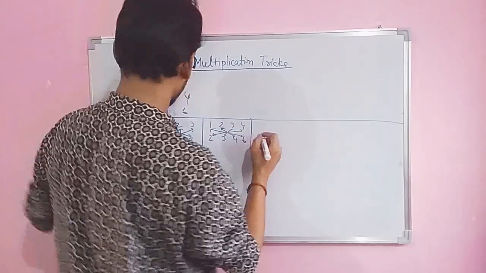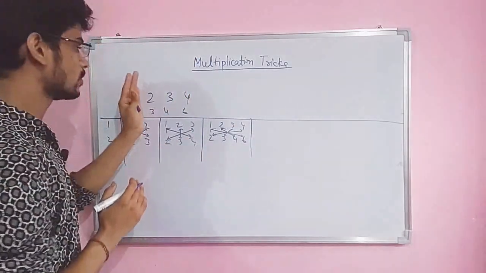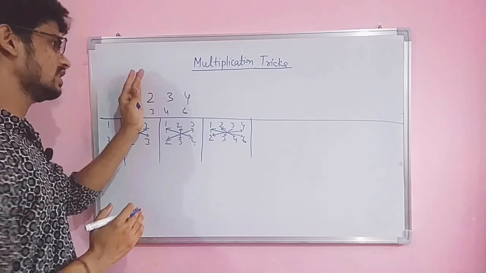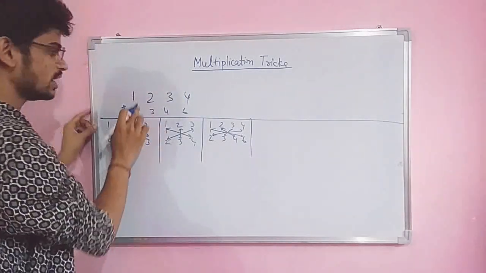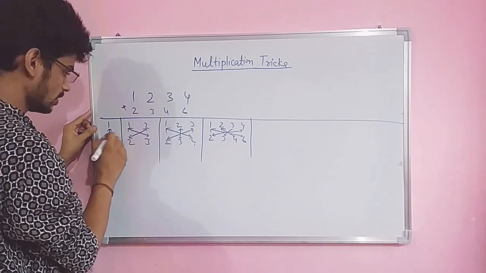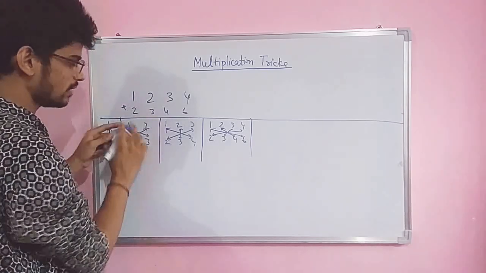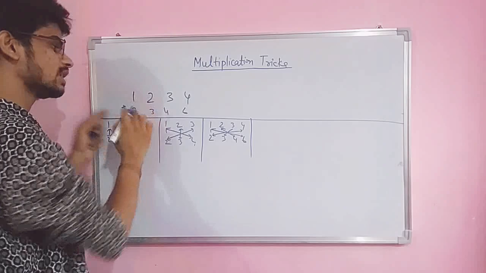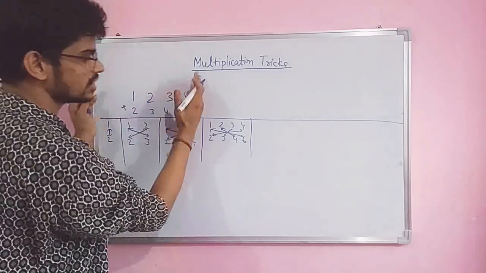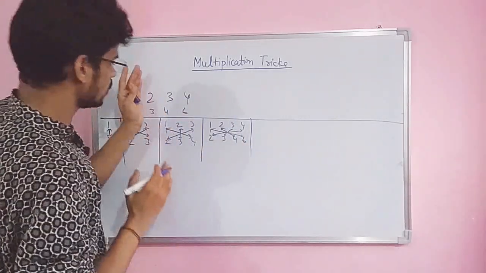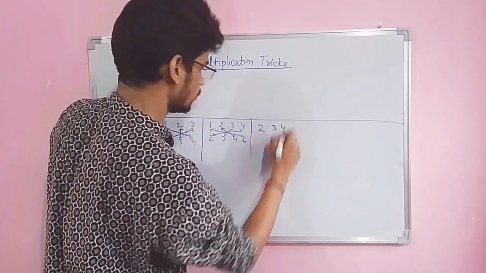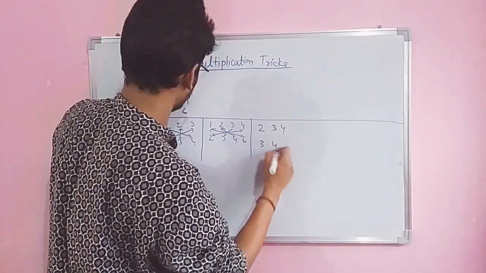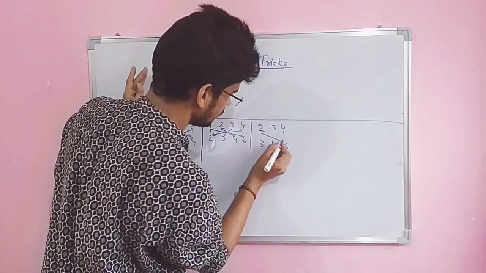Next, move to the left side value, because we completed 1 multiplied by 2, 1 multiplied by 3, 2 multiplied by 2, and this portion also. Now leave this portion. 2 3 4 and 3 4 6, this one.